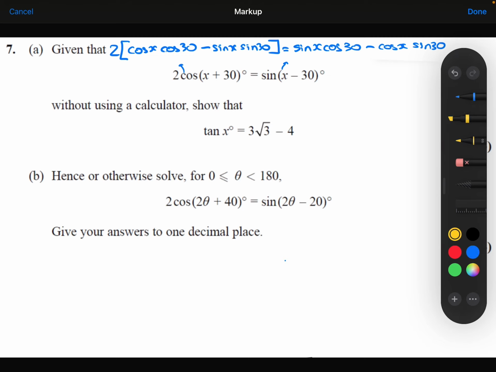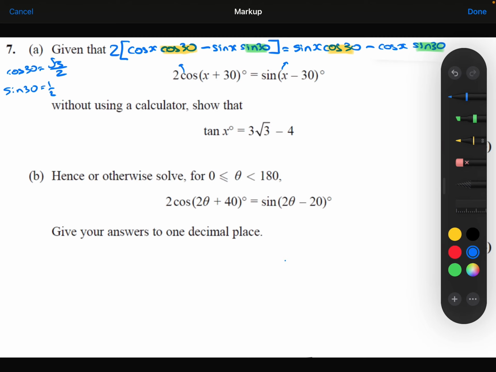Now, I know that cos 30 is equal to root 3 over 2. It's one of the exact values you're expected to know. And I also know that sin 30 is 1/2.